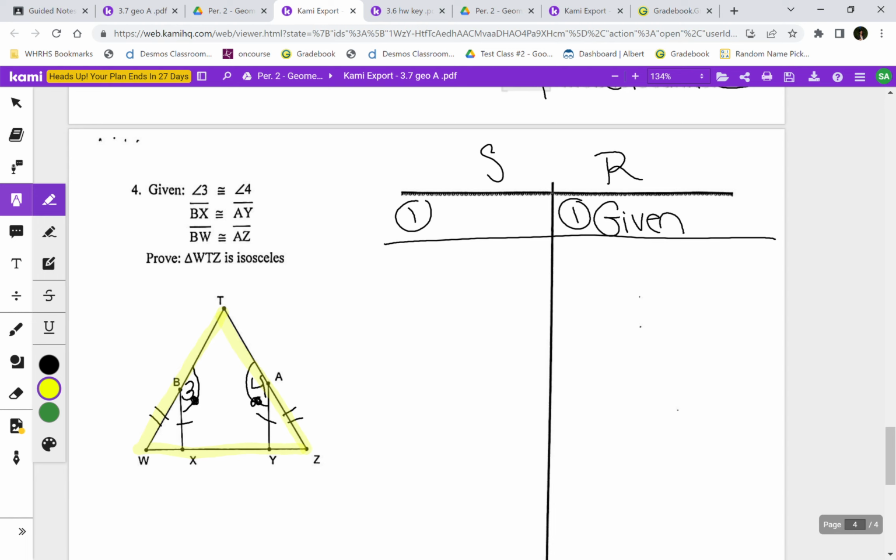So I want to get WT and ZT congruent. The way I'm most likely going to get WT and ZT congruent is to first get angle W and angle Z. So more likely than not, the majority of the time, if I'm asking you to prove a triangle's isosceles, you're going to go the base angles to legs route, usually.